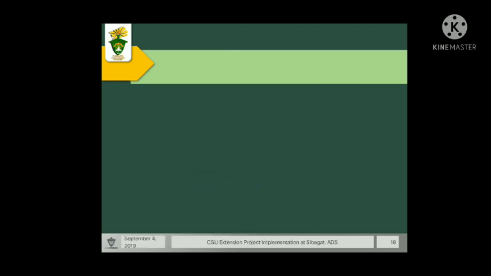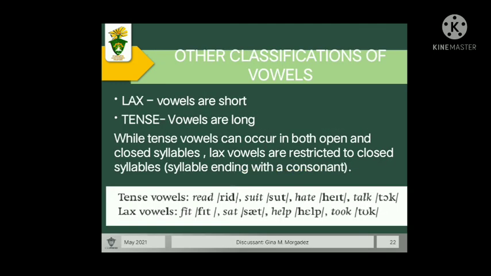So we have here an example. Tense vowels: read, shoot, hate, talk. And lax vowels: fit, sat, help, took. Again, tense vowels are read, shoot, hate, talk.